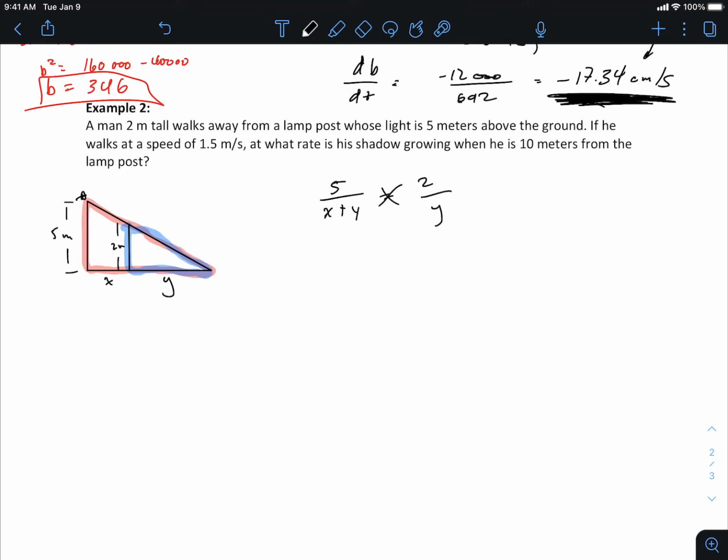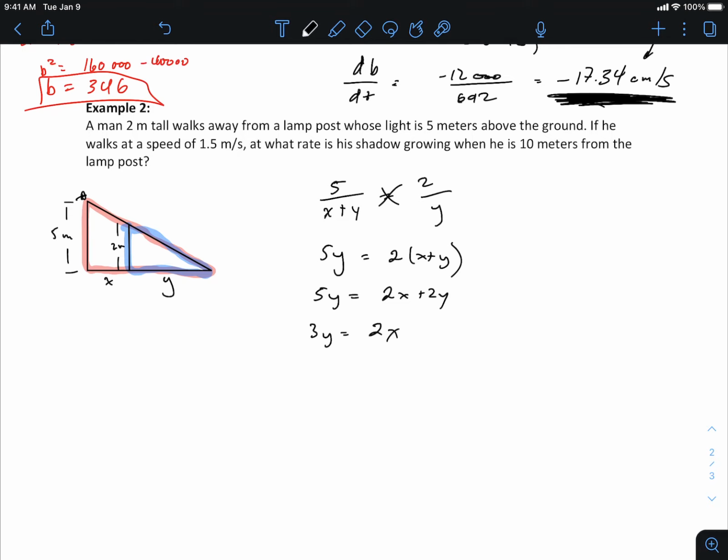If I cross multiply here, 5y is going to equal 2 times x plus y. We could do the distribution: 5y equals 2x plus 2y. Then we can clean it up: 3y is equal to 2x.